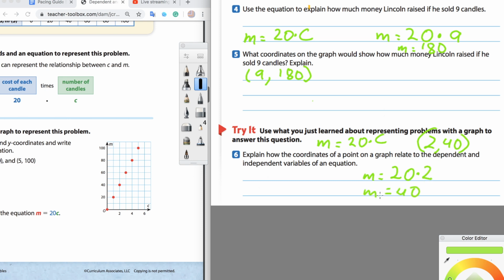M equals 40. So I would say that my M is my 40, which is how much money raised. And then my C is my candles, which is 2 here.